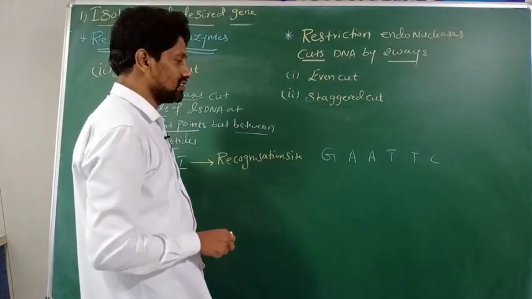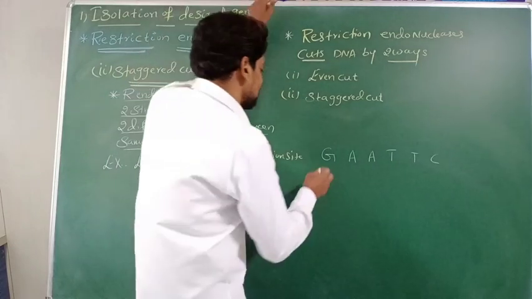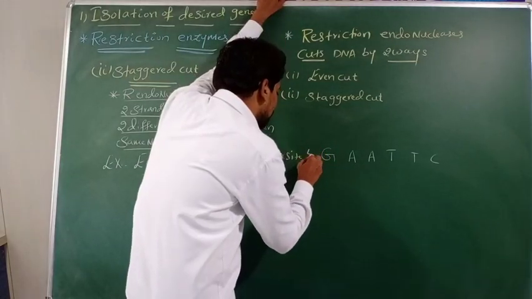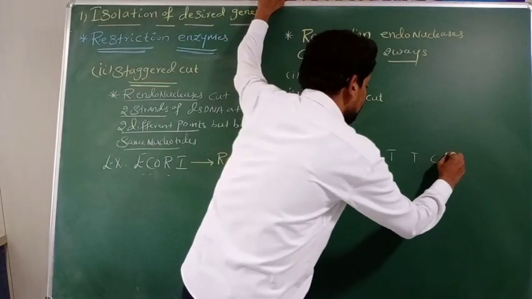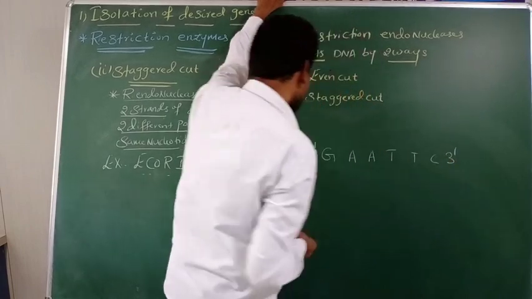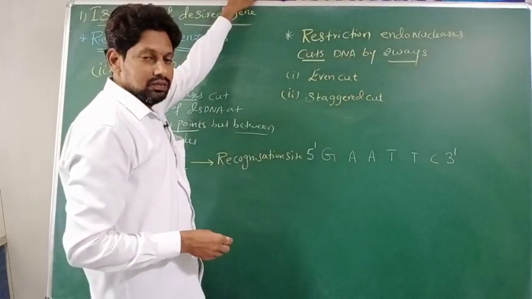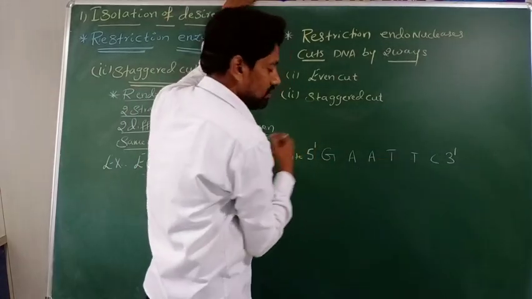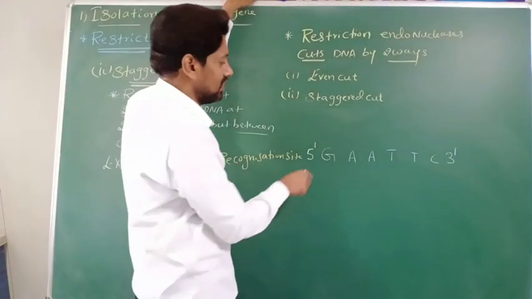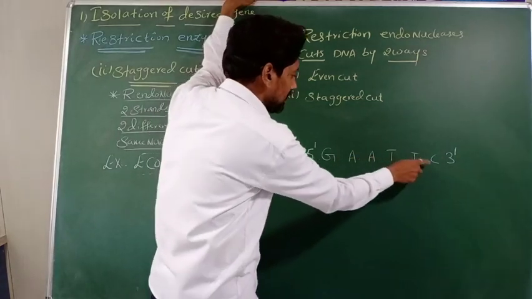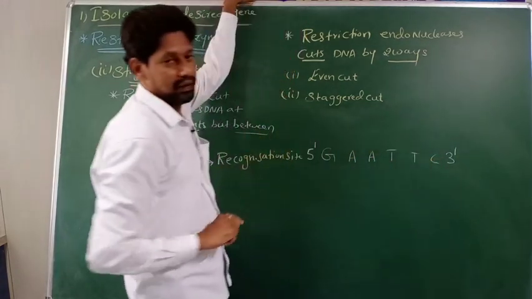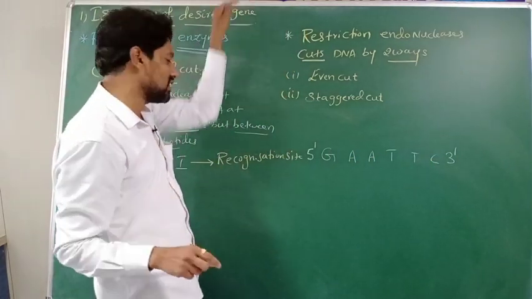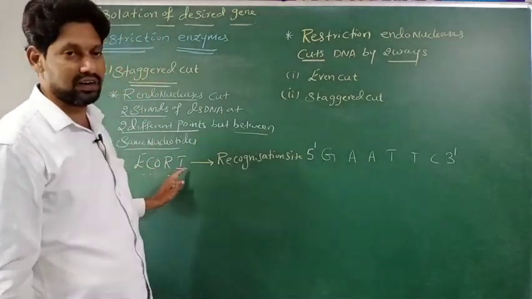It is GAATTC. That too, it has to be read from which prime to which prime? 5 prime to 3 prime. It means only the sequences which read GAATTC from 5 prime to 3 prime are recognized by EcoRI.